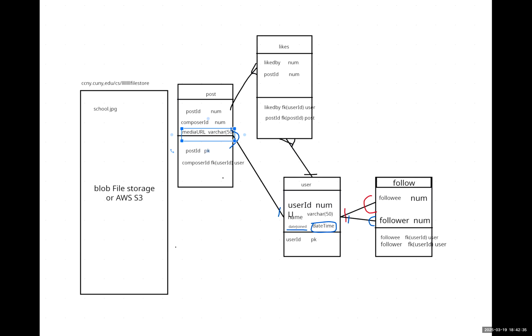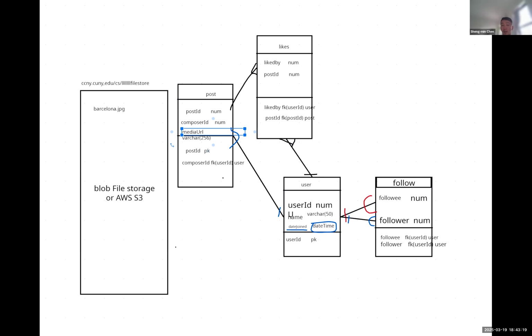Let's say the server of this file storage is cdny.cuny.edu.cs.filestore, and my Barcelona.jpg is just a file on there. The normal answer for an interview is you just need to have a variable here in the post that stores the image location, which in this case I name media URL.